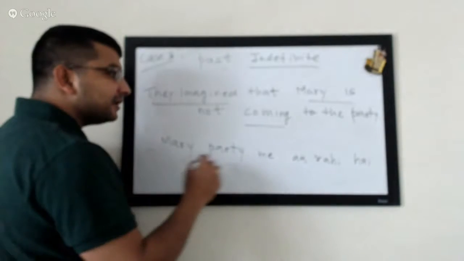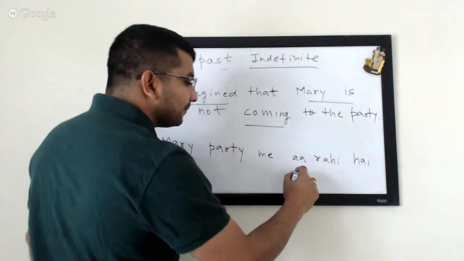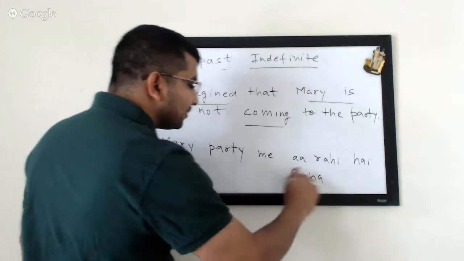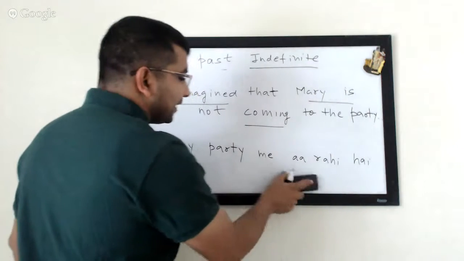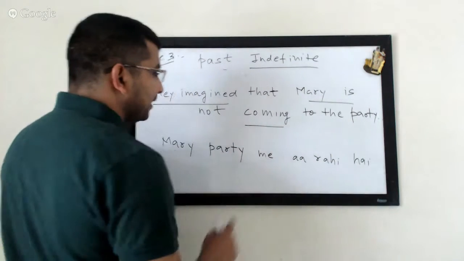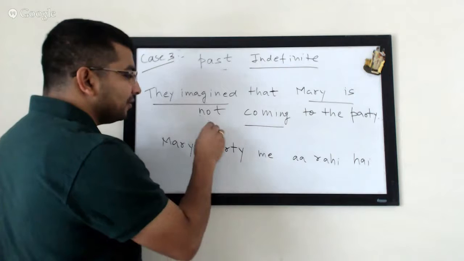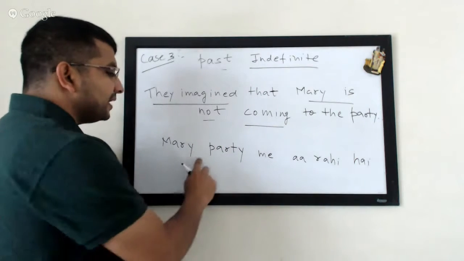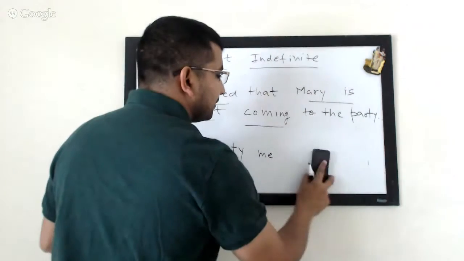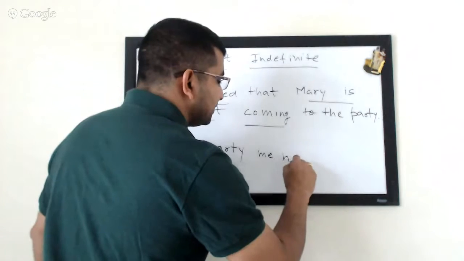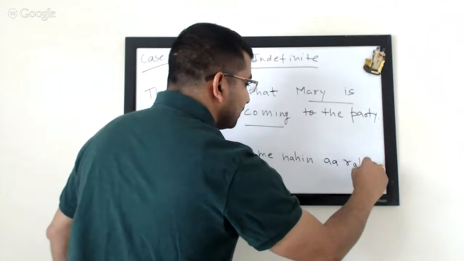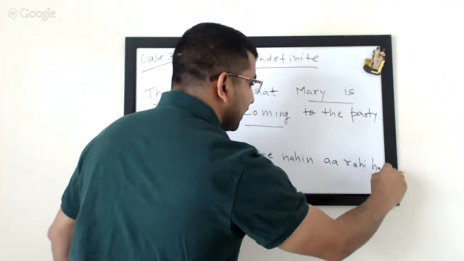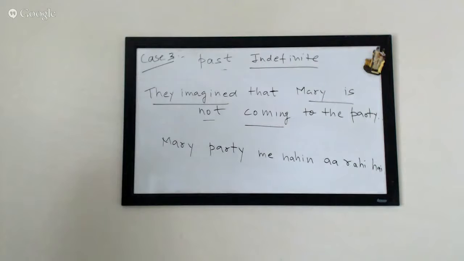Ana is the verb here. To come is ana, and present continuous is आ रहा, आ रही. Right? Mary party में आ रही है. But when you say नहीं, not, it will be Mary party में नहीं आ रही है. मेरी पार्टी में नहीं आ रही है. Right?